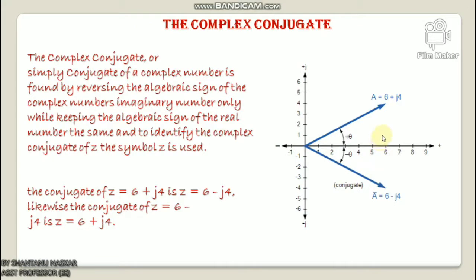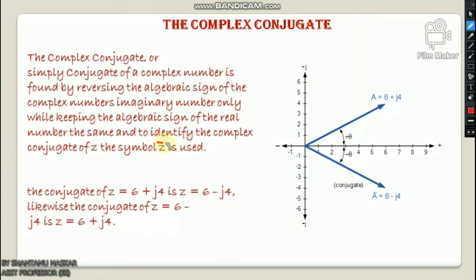So now I will discuss the complex conjugate. The complex conjugate, or simply conjugate of a complex number, is found by reversing the algebraic sign of the imaginary part only, while keeping the algebraic sign of the real part the same. And to identify the complex conjugate of z, the symbol z dash is used like this.